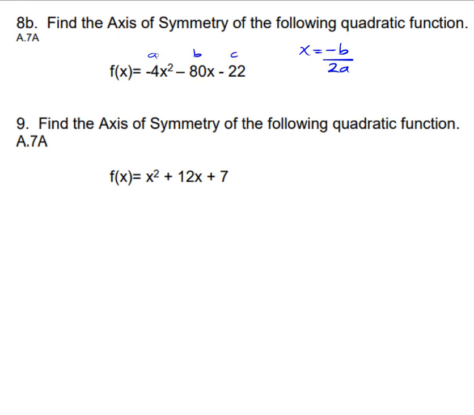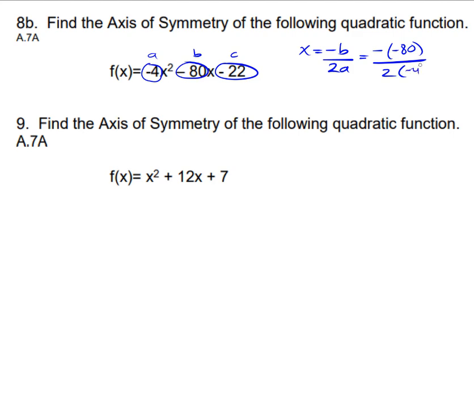Now, I want to stress that a is only the number in front. It does not include the x squared. It's only the coefficient, not including the x and the x squared. So now all I have to do is plug it into the equation. I have negative b, and my b is negative 80, so I need to be very careful with the negatives here. So negative times a negative 80, all over 2 times my a, which is a negative 4.